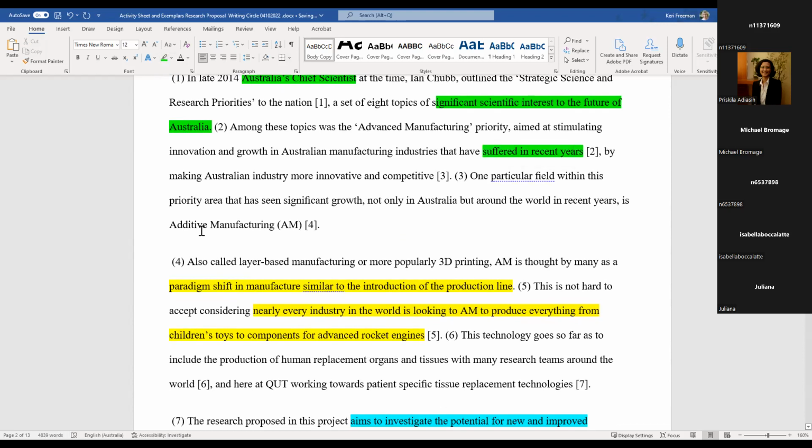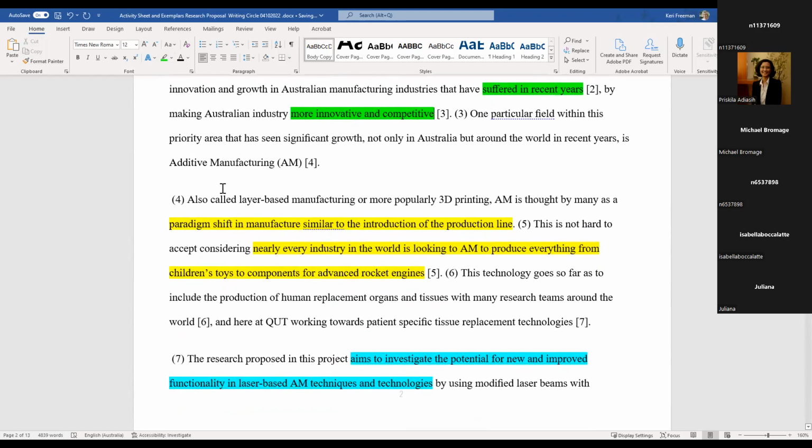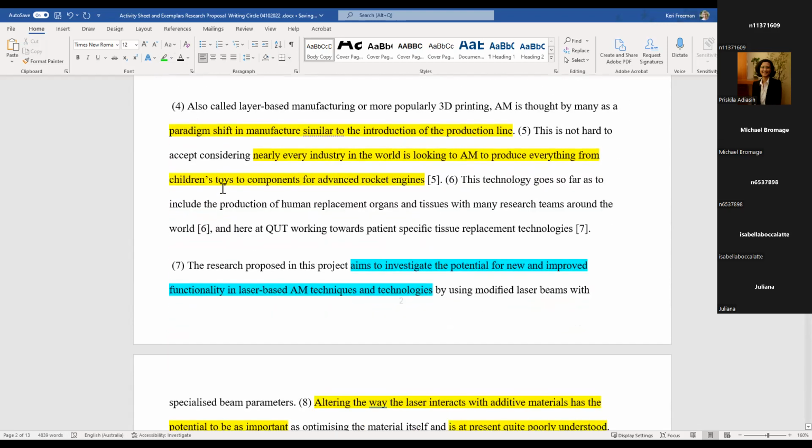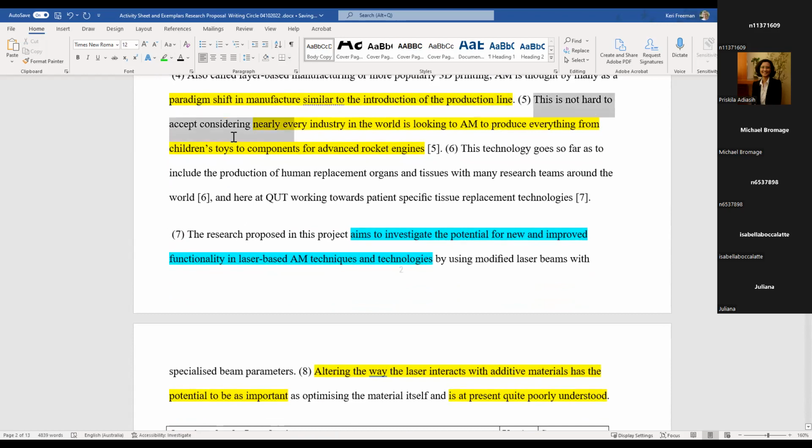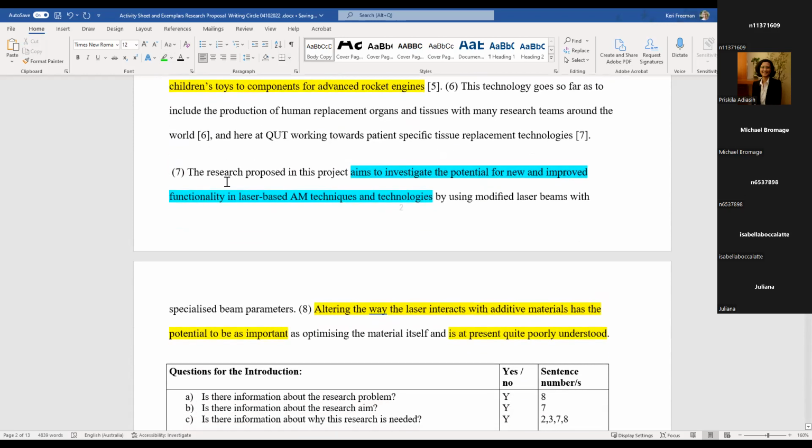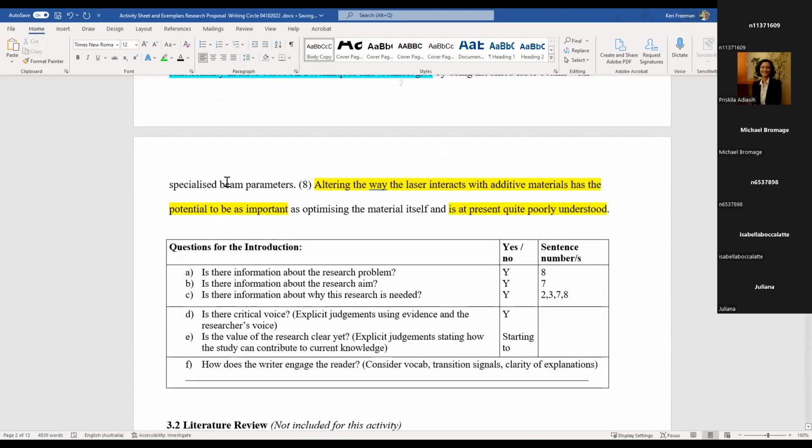We can all imagine that. We want to be more innovative and competitive. Yeah, this is not hard to accept. That's not bad. So optimizing, that's a good word too. So yeah, not too bad would be what I would say there.